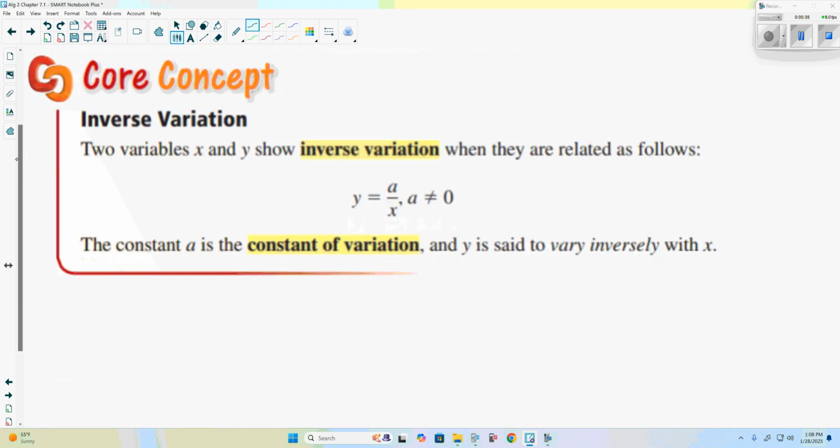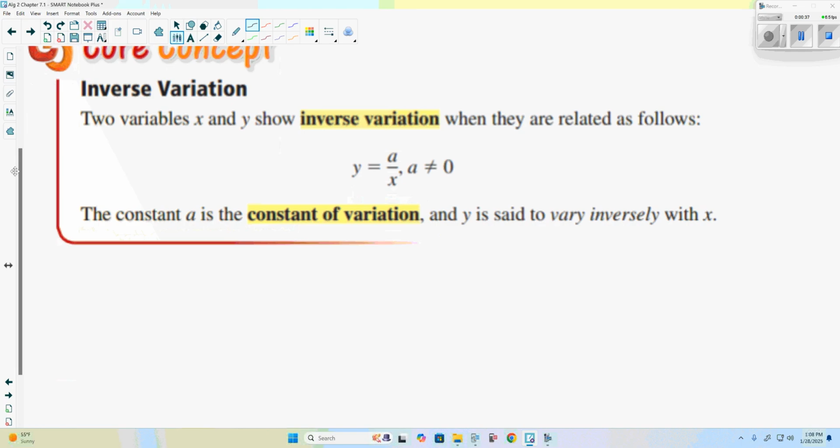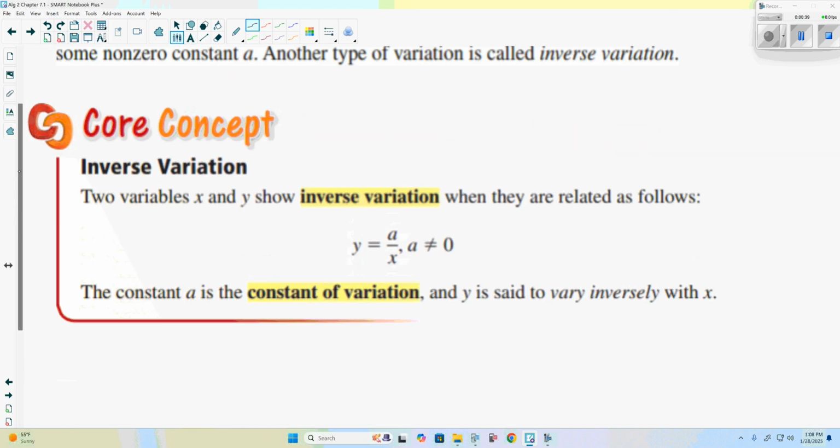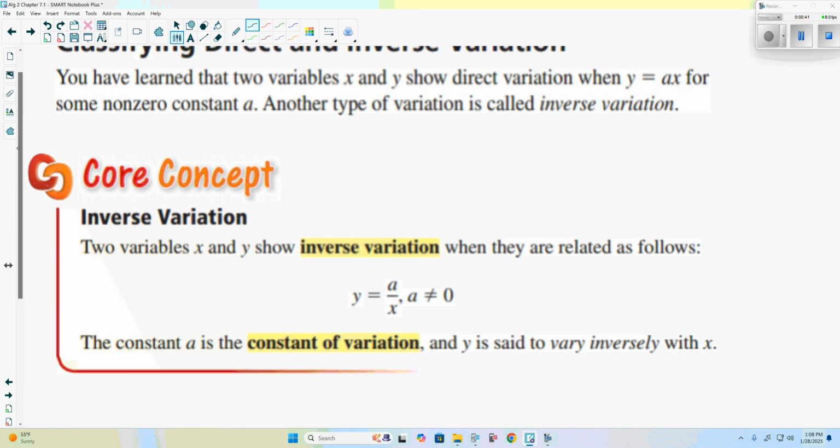Now, before we get too far into that, first thing we're going to talk about is inverse and direct variation. Direct variation we've talked about before, mainly in Algebra 1. It's defined by the general form y equals a times x as a direct variation.